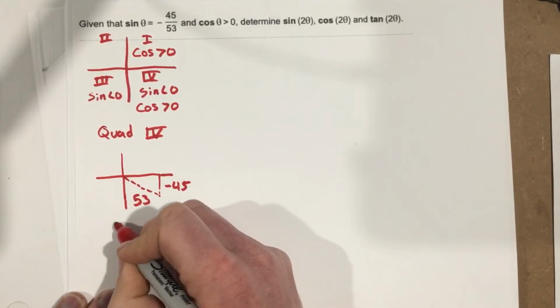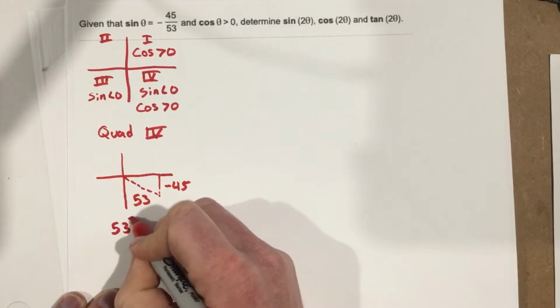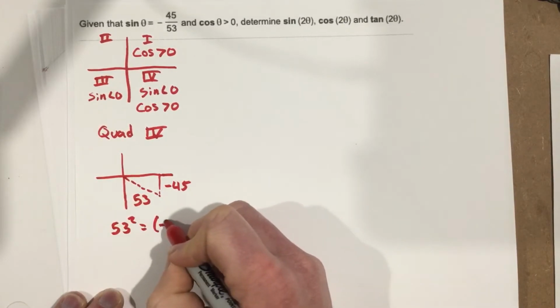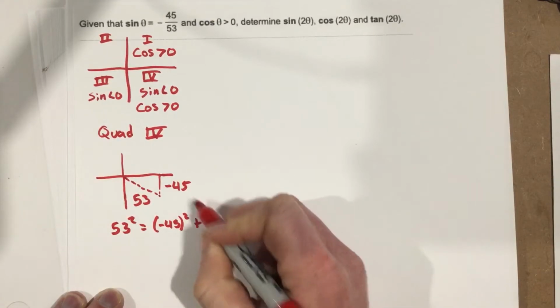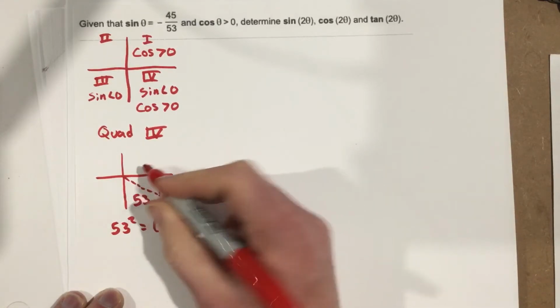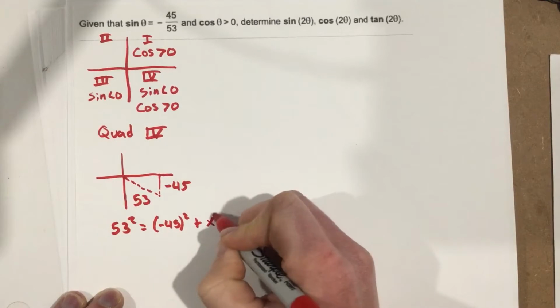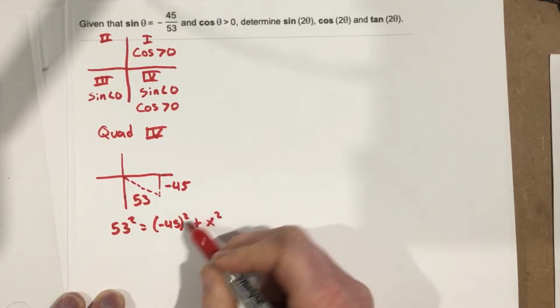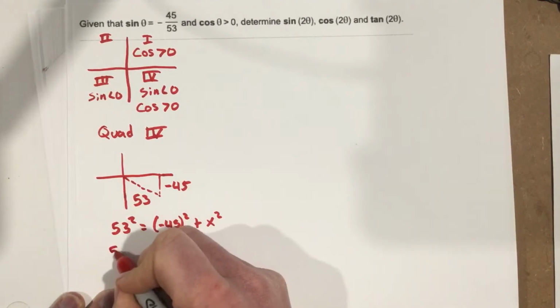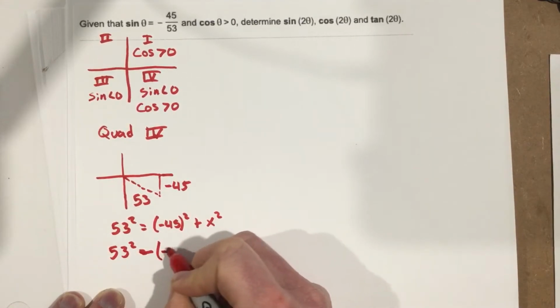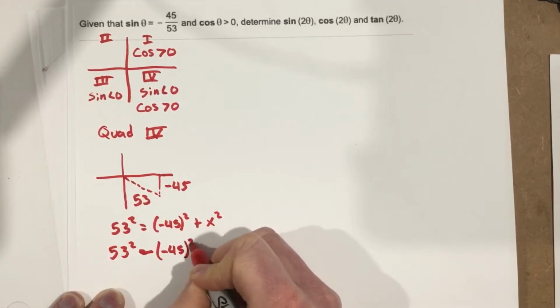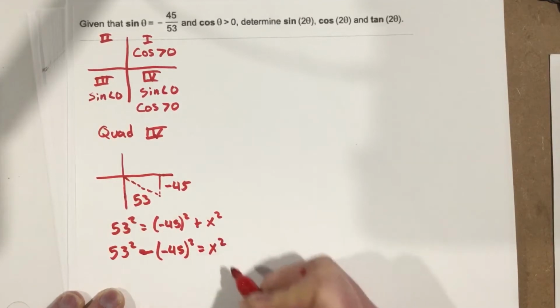Well, we can use the Pythagorean Theorem, which is 53 squared equals negative 45 squared plus x squared. Subtract that over, you get 53 squared minus negative 45 squared equals x squared.